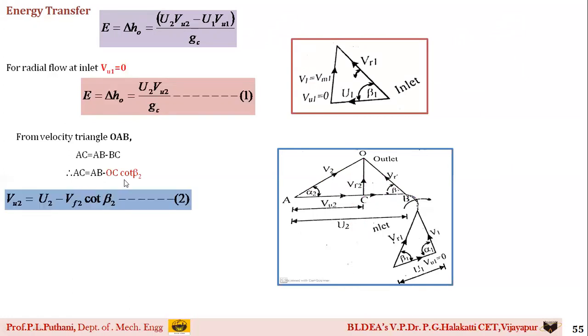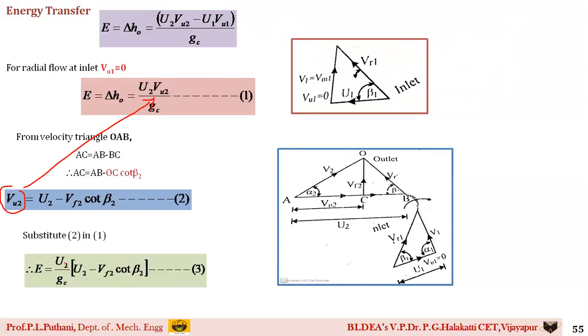So AC is VU2, and OC is the flow velocity Vf2, so BC is Vf2 cot beta 2. We have got the value of VU2, and you can substitute this in the equation to get the energy equation: E is equal to U2 by GC into bracket U2 minus Vf2 cot beta 2. This is our equation number 3.